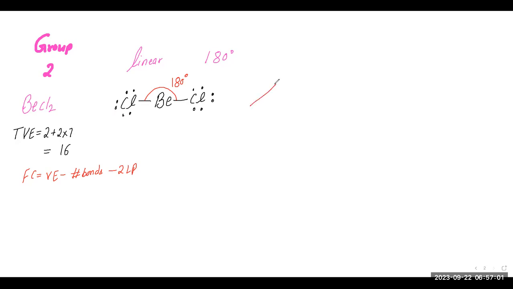So I'm going to say that this is symmetrical and not distorted by lone pairs on the central atom. This is the language which I will be using a lot. Not distorted by lone pairs on the central atom, right?